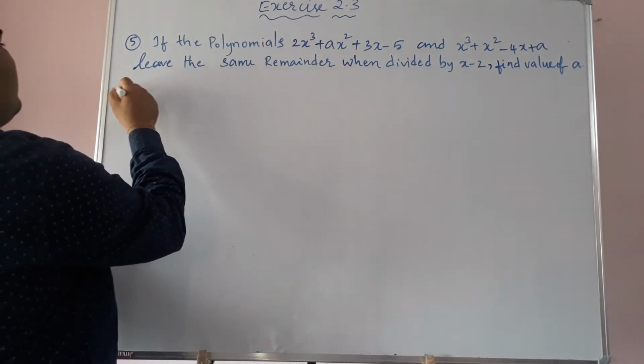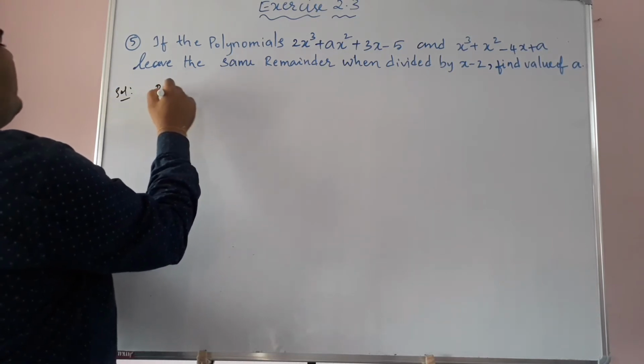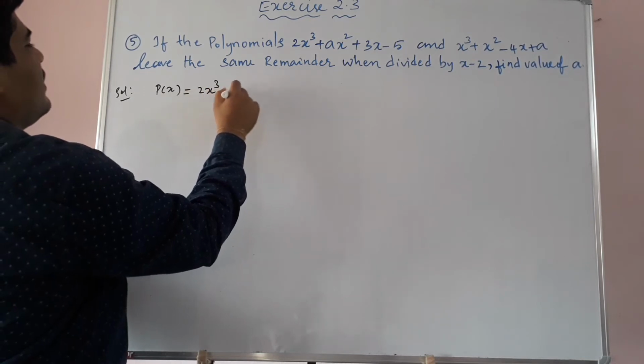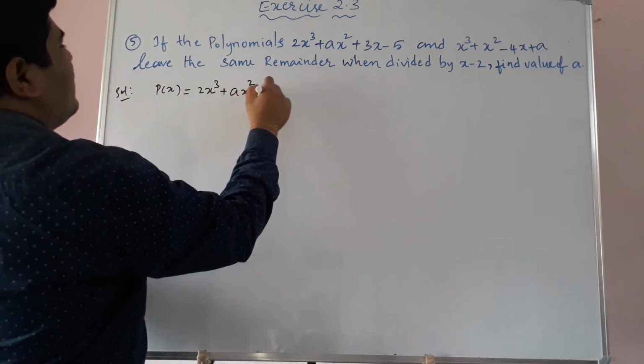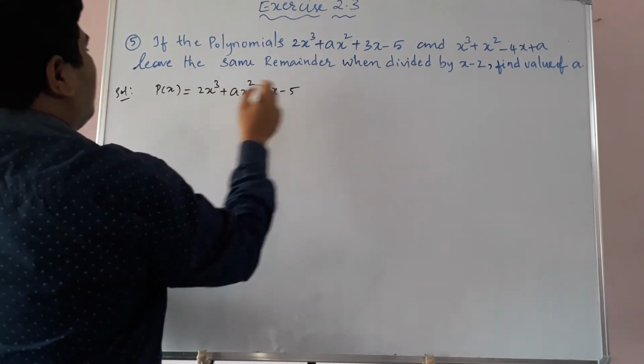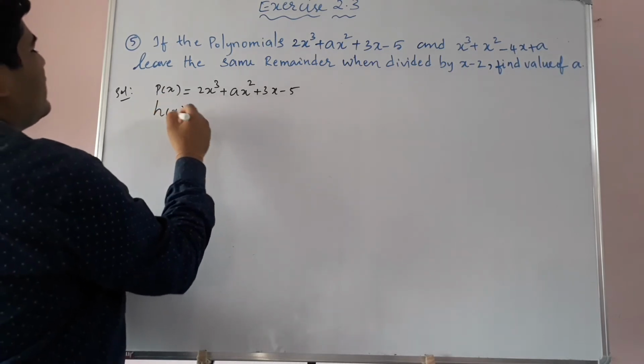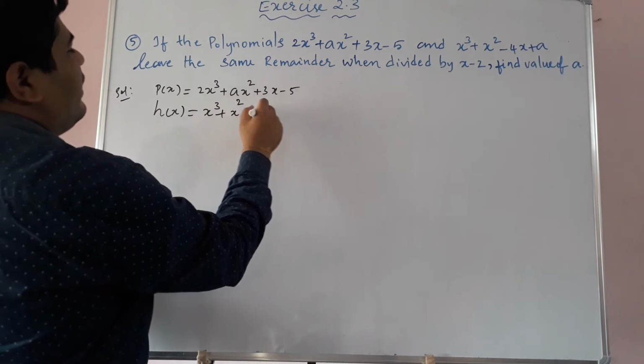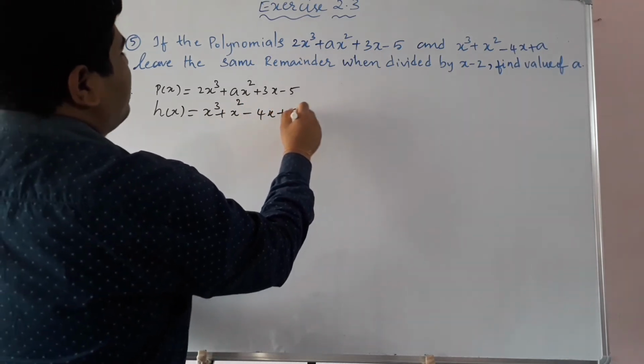Okay, so what are the given polynomials? P of x, that is 2x cube plus ax square plus 3x minus 5. And what is the other polynomial? H of x, so that is x cube plus x square minus 4x plus a.